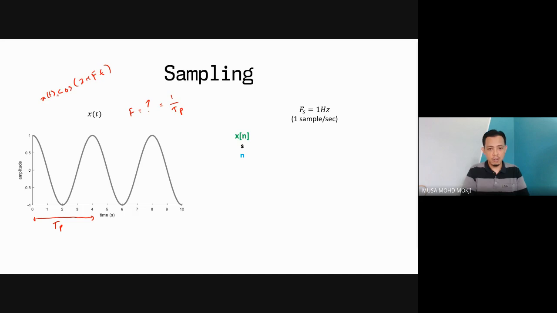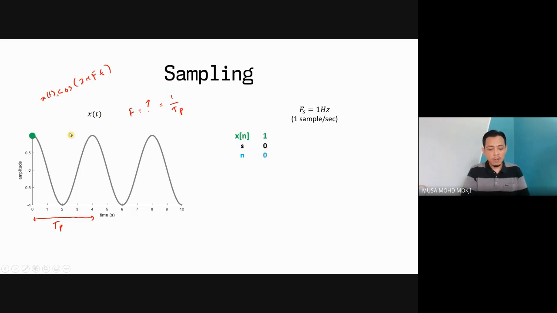This is a normal bracket, and this is a square bracket. For analog, we will use a normal bracket. For discrete, we're going to use a square bracket.